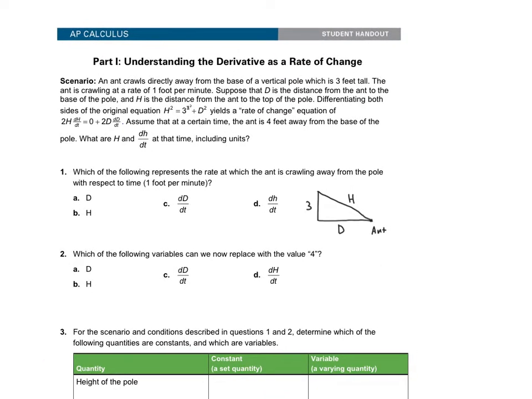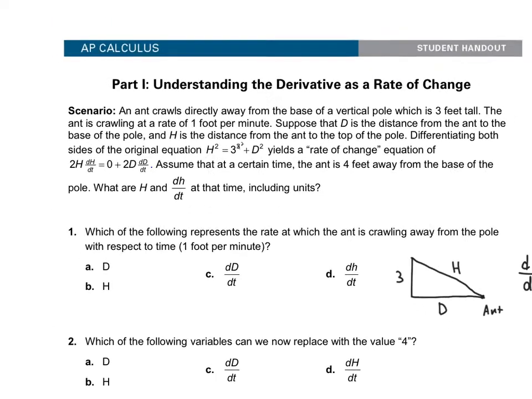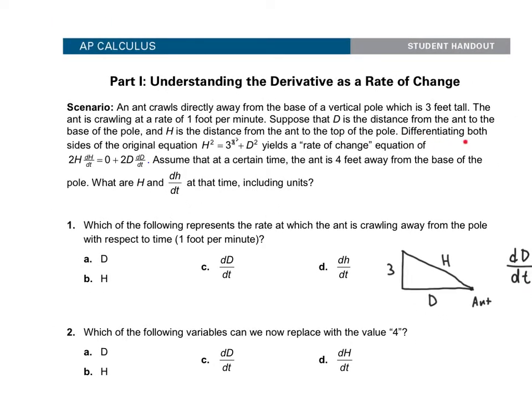Okay, also, we know that the ant is crawling at 1 foot per minute, so that distance d is changing with time at 1 foot per minute. Okay, and then at some point in the problem, they talk about differentiating both sides of the original equation that we got from the Pythagorean theorem.